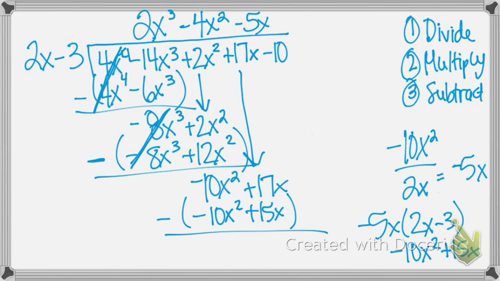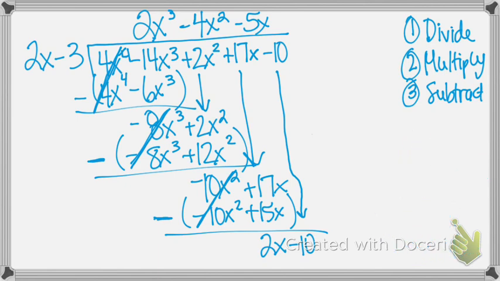We subtract. These cancel. We have 17 minus 15, which leaves us with a 2x. Bring down my negative 10.